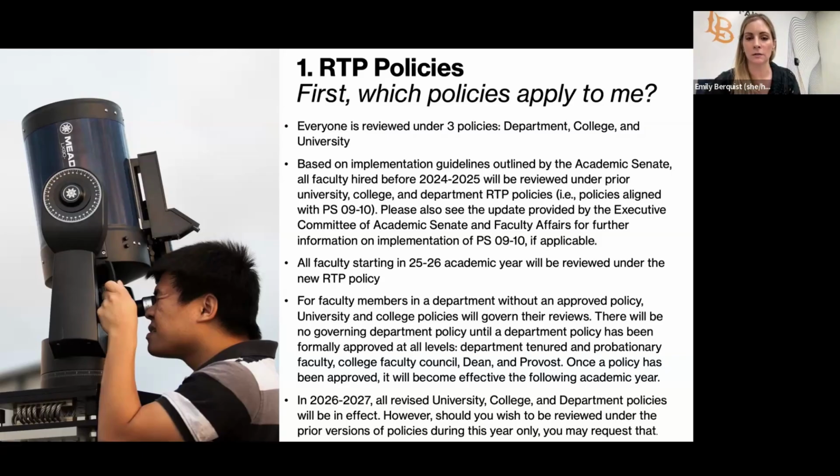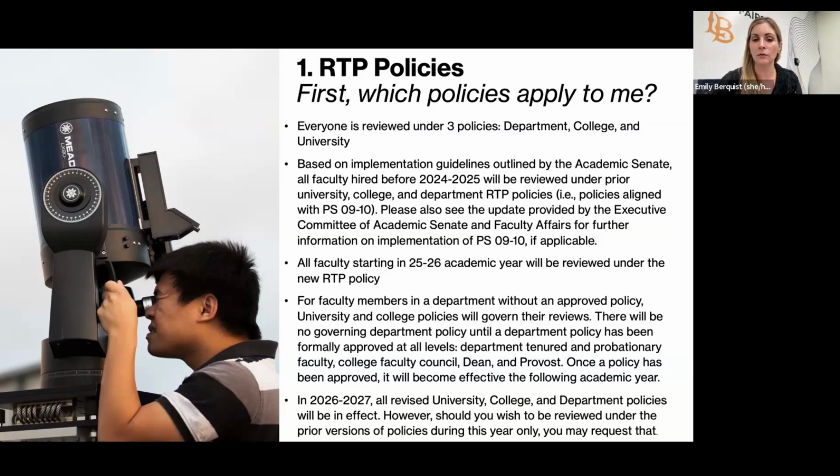For faculty members in a department without an approved policy, and there are some departments where the RTP policy got stuck in the approval process, the university and college policies will govern their reviews.